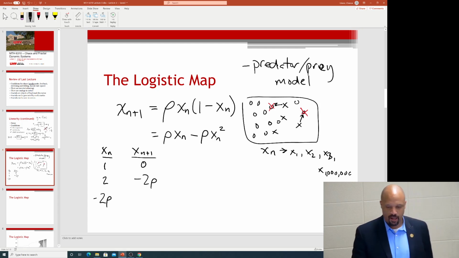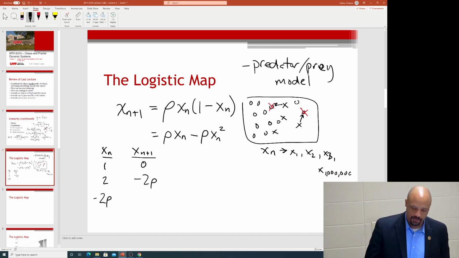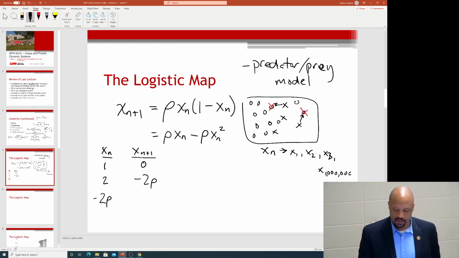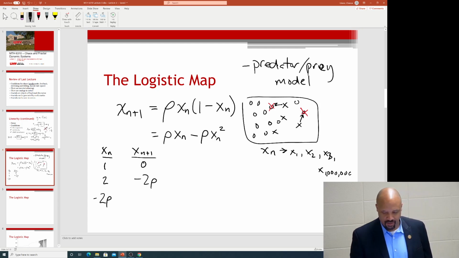Continue going forward. Now I didn't want to put a value on rho for a specific reason, which we'll get to in a second. But the point is that this determines what you get out next. Now, therein is the feedback. So we already had the nonlinearity, right?